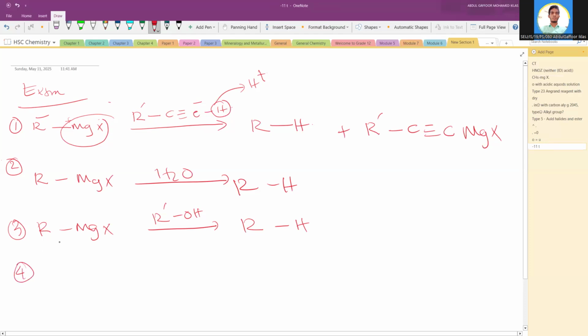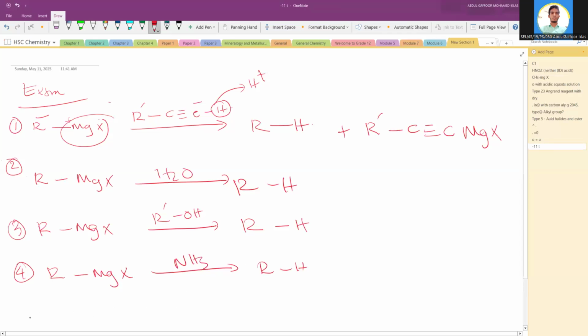So now after performing this Grignard reagent, in order to produce alcohol, or in order to replace it with hydrogen, we can use either acidic aqueous solution or water or alcohol or ammonia or even R dash NH2. So with NH3, we will get RH.